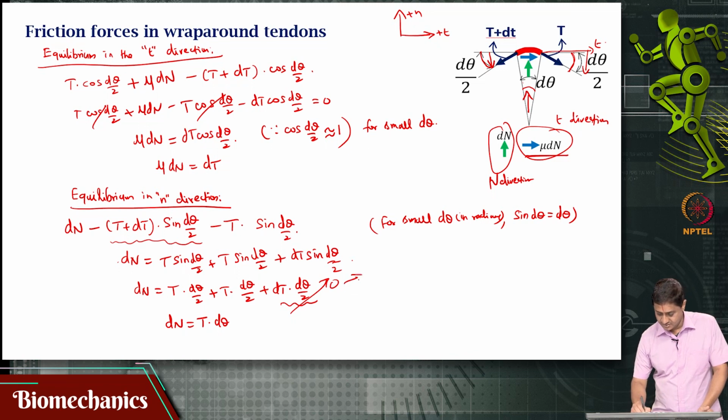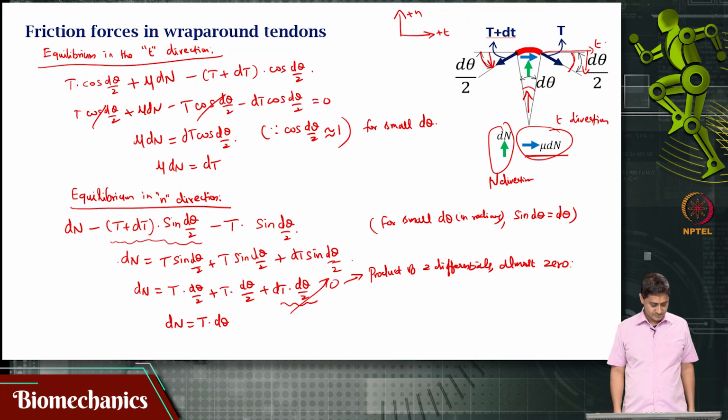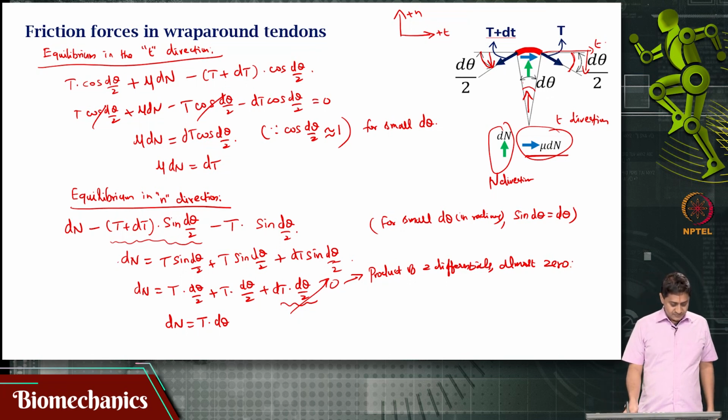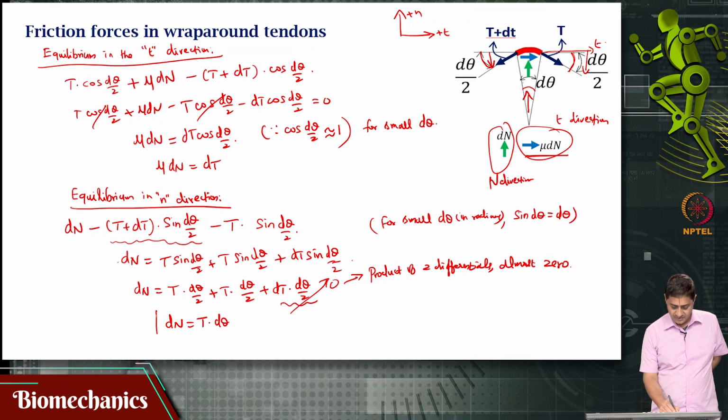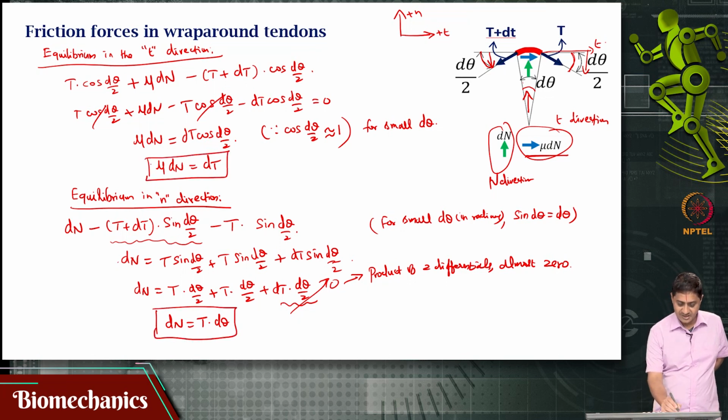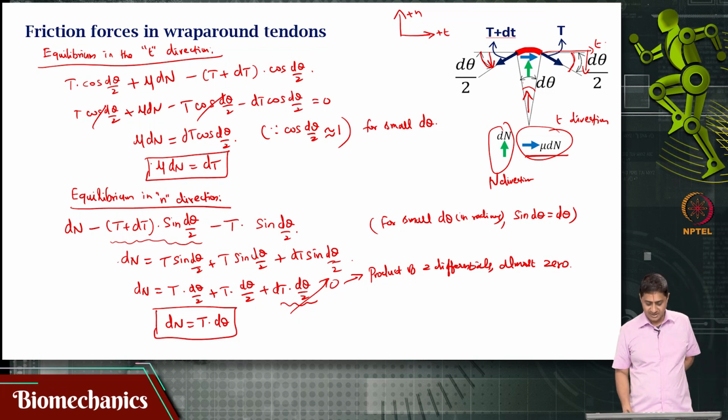So, that would be dn is equal to t times d theta. Why am I doing this? Because this is the product of two differentials, almost 0, all right. So, dn gives me t times d theta, this is what I get from the n direction, mu dn gives me dt, this is what I get from the t direction.